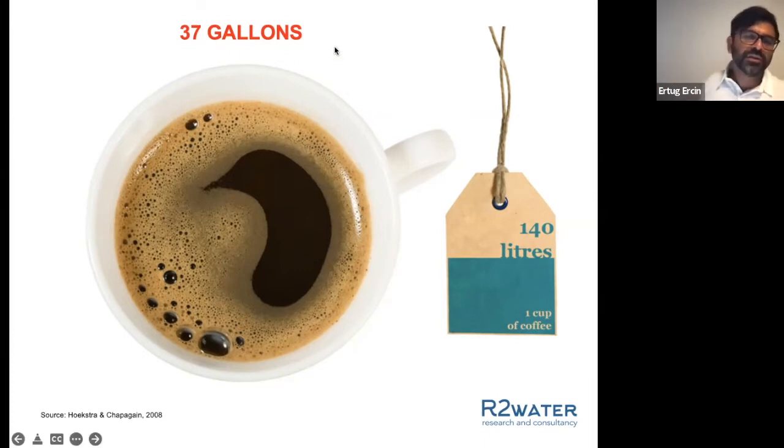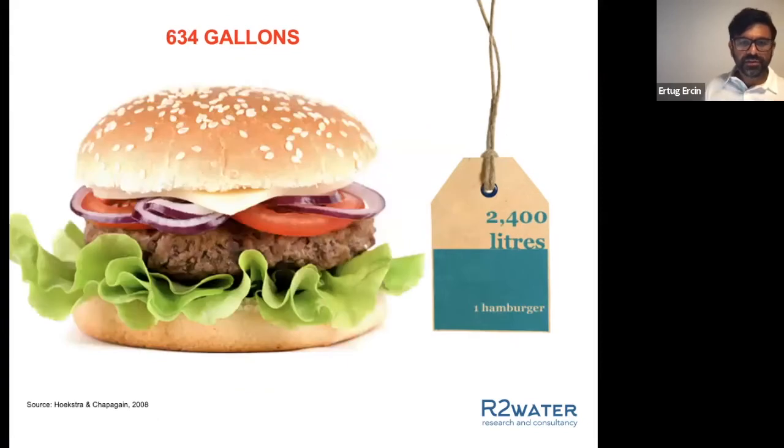Maybe it is just like, well, how much water in this one? Less than 0.1 gallon or something like that. I don't know. For example, to produce a hamburger, these are global averages, it's approximately 600 gallons of water.